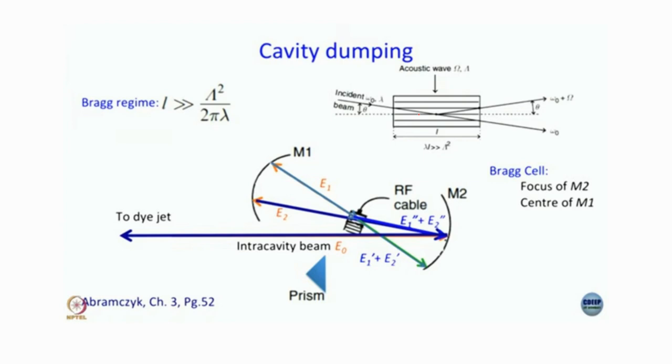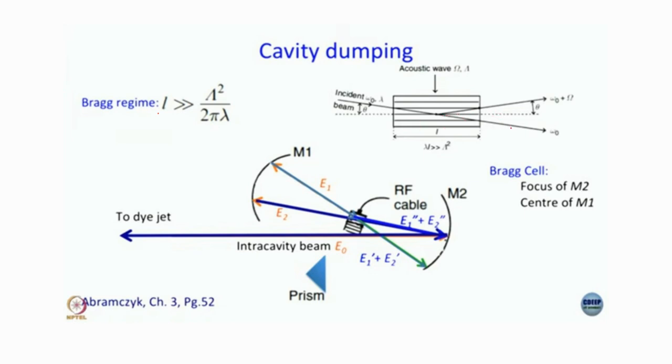So, Bragg regime refers to, suppose you consider this particular medium and these bars represent the regions of high and low density. This whole unit acts as a diffraction grating for the diffraction of the light beam or the sound wave. If a beam is incident on any medium, two things happen with it.